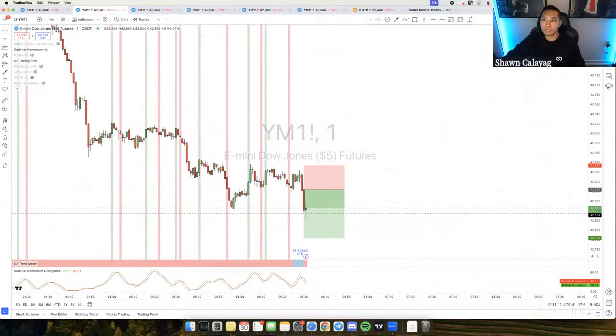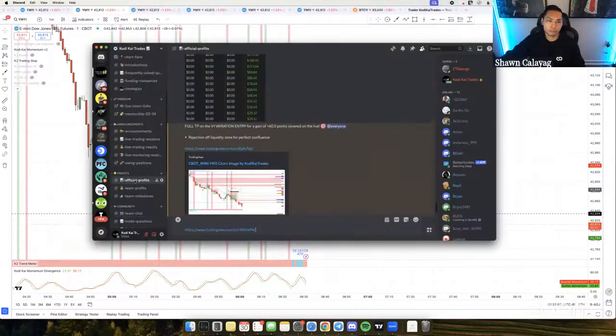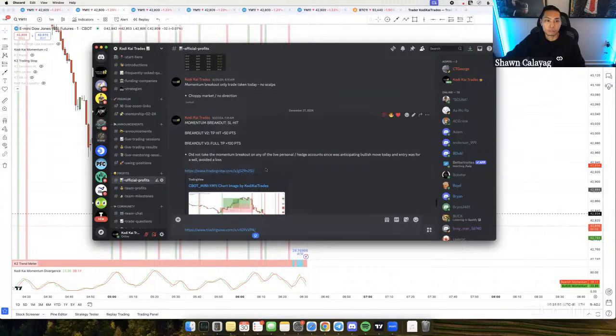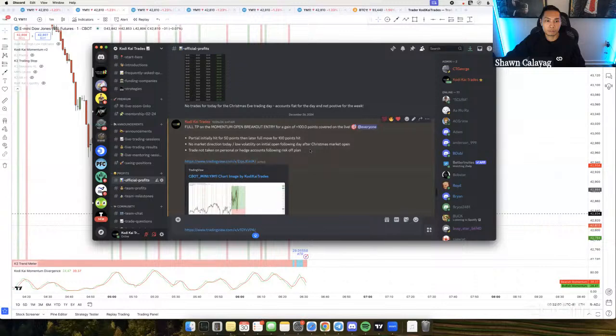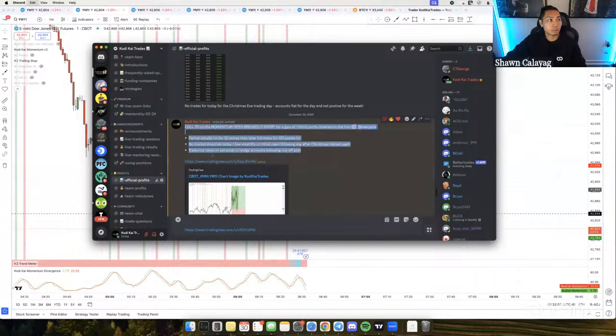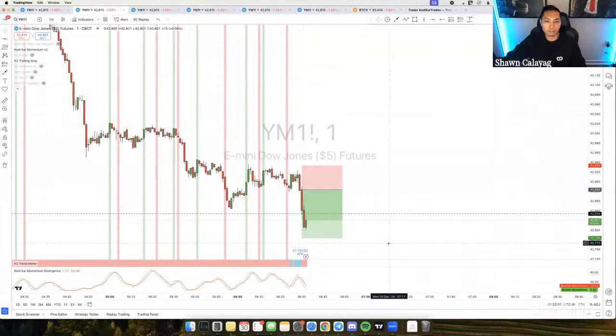So here I will put this up over here. I'll just copy this one. Full TP looks like it's probably going to get hit. It's almost on its way to that 100-point mark. I just don't feel comfortable holding it to the full move right now because of the low volatility.